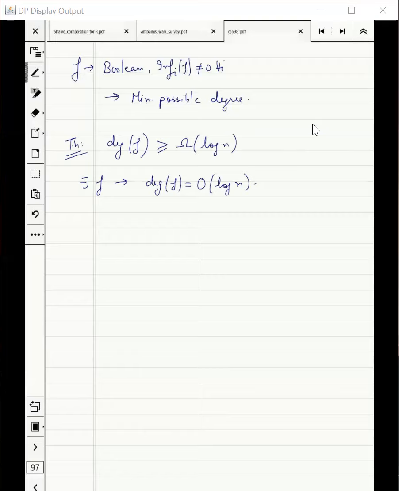He was saying small o of n, then trying all many functions. But anyway, now once you know order of log n, can you think of a function for which degree of f is order of log n?